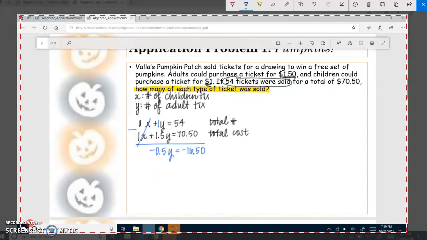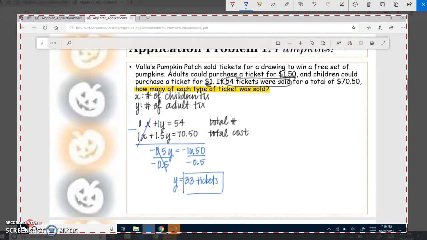So then to solve for y, I just need to divide by negative 0.5, divide by negative 0.5. And so we can plug this into our calculator, or we can remember that dividing by 0.5 is really the same thing as multiplying by 2. So when I multiply 16.50 by 2, I'm going to get out that y is equal to 33 tickets.